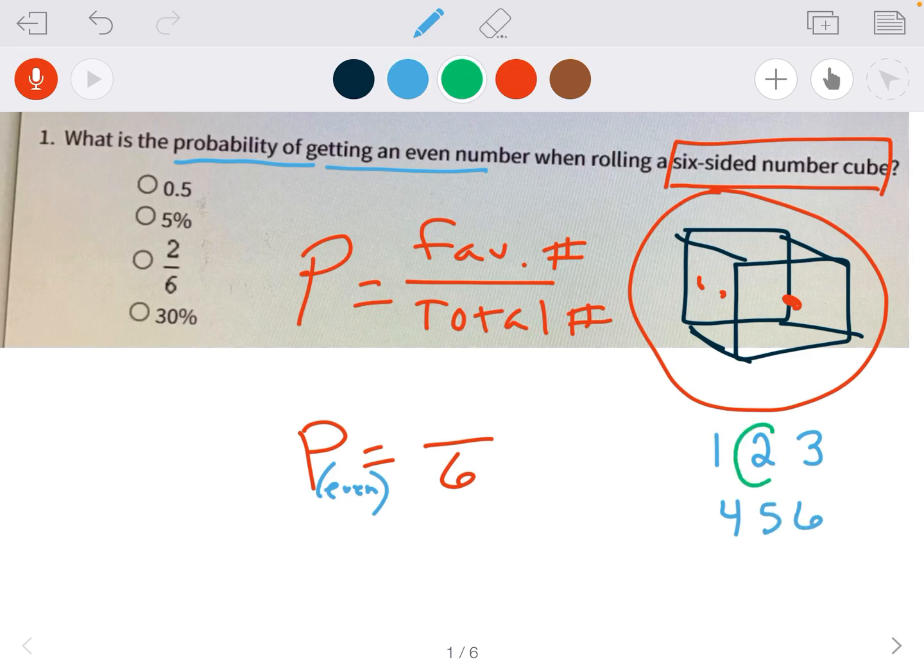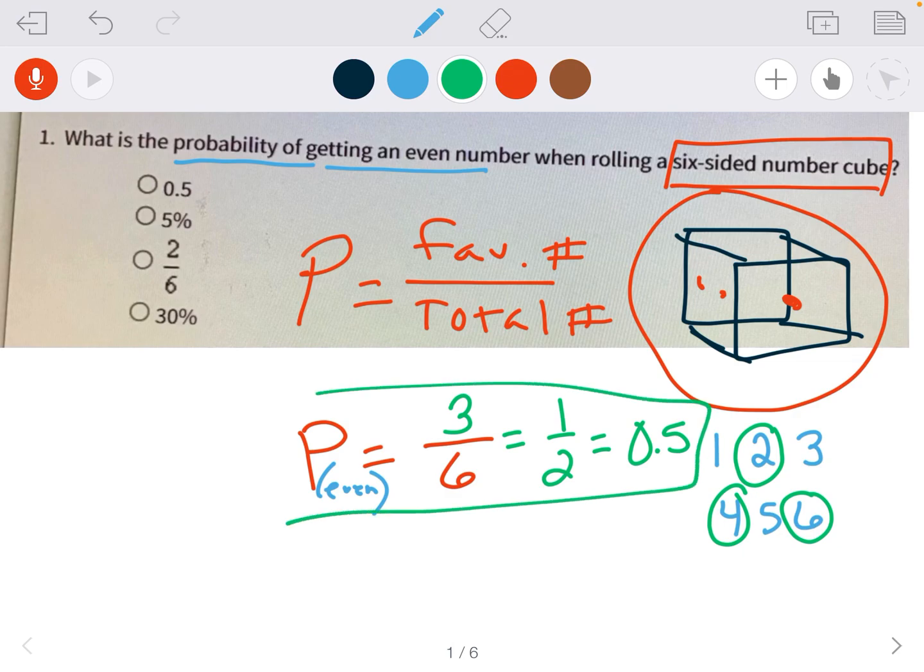That's my total options. How many of those are even? 2, 4, 6. So that's 1, 2, 3. So 3 out of 6, which reduces to 1/2. And if we made that a decimal, it would be 0.5.